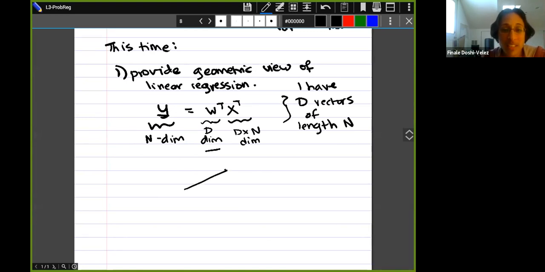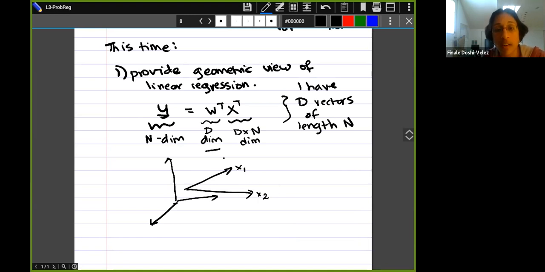So imagine that we're in 3-dimensional space over here, and we have 2 dimensions that are covered by these vectors, x1 and x2. So these are the first dimensions, and these are all the second dimensions. Again, this is kind of weird because this matrix up here is d by n.